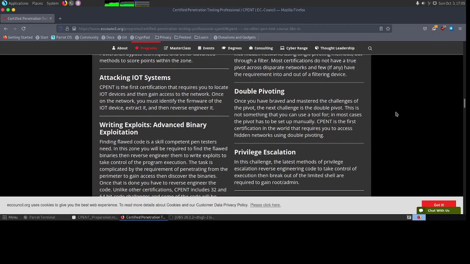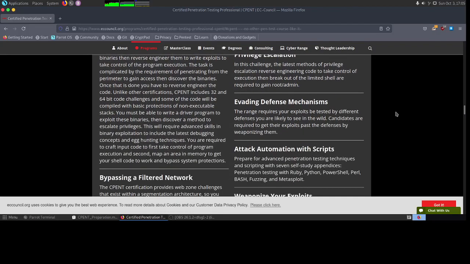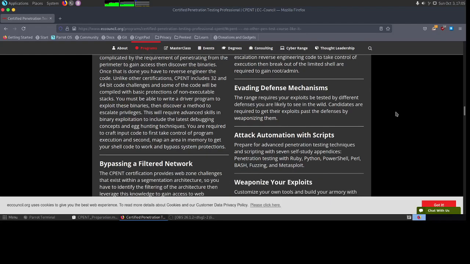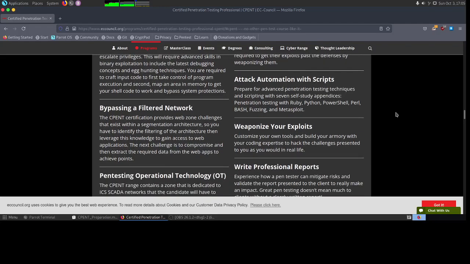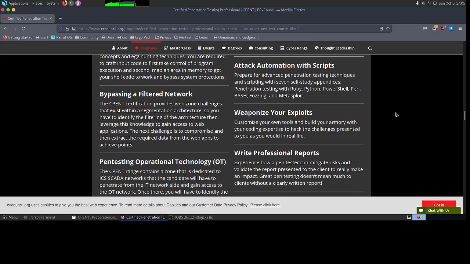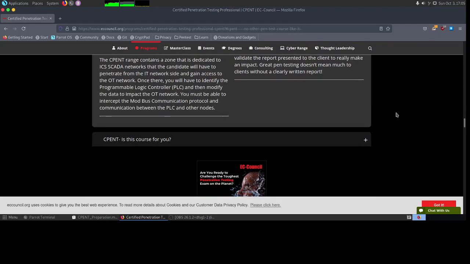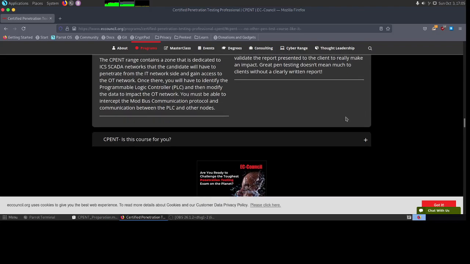You have to write your own exploits if required. Privilege escalation is probably something you will anyway see in other exams. Evading defense mechanisms. Then you have to bypass filtered networks, and OT is there, SCADA is there, and IoT is there. So these are very, very interesting things that you will not find in other exams.